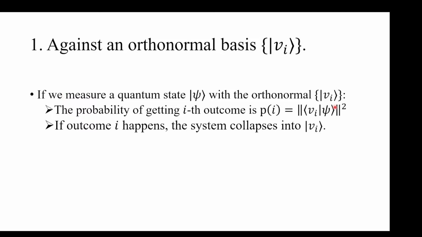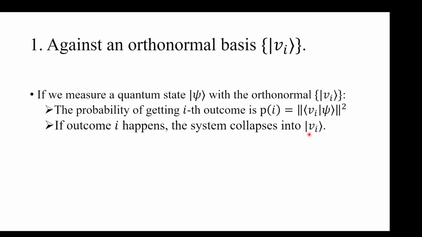So the probability is this amplitude squared, which is the absolute value squared of the inner product between vi and psi. When you get the ith outcome, your state just becomes whichever basis vector you measured.